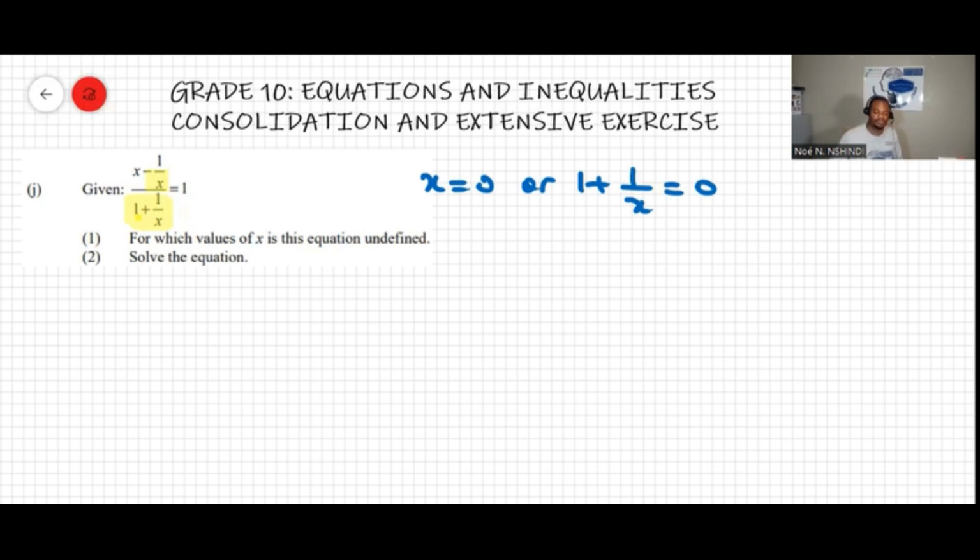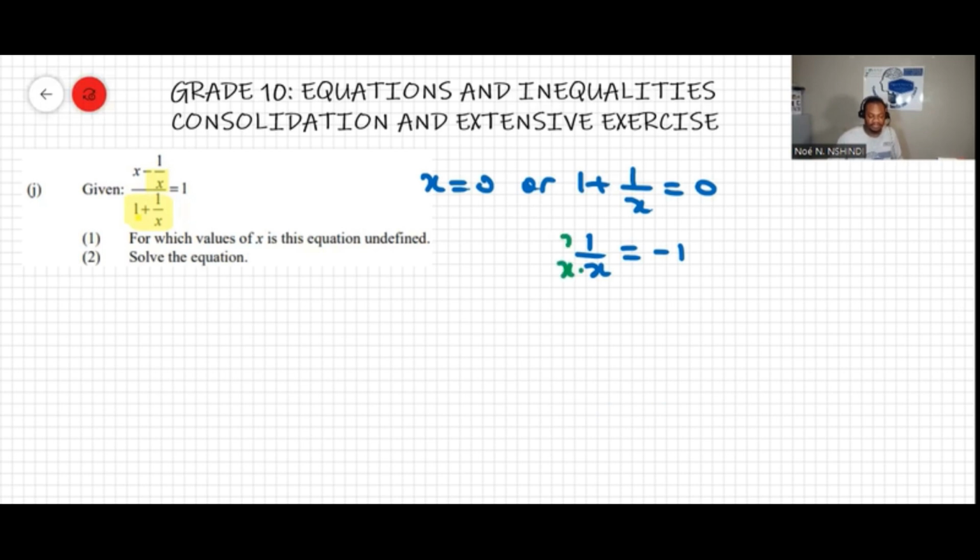So in this case, if you move the 1 over, it's going to be 1 over x equal to -1. If I move this 1 over to -1, then we can get rid of the denominator if we multiply by x.